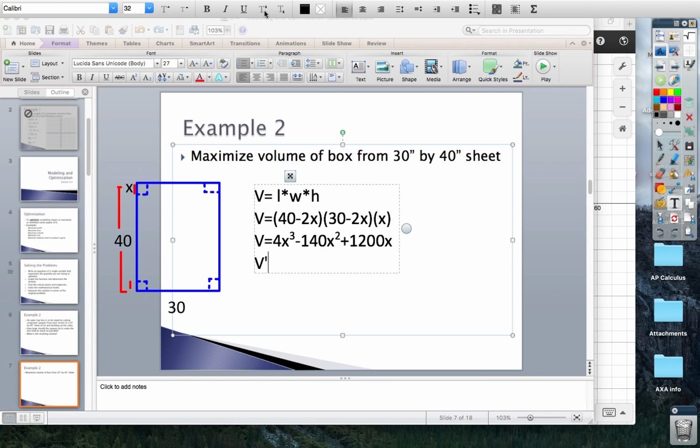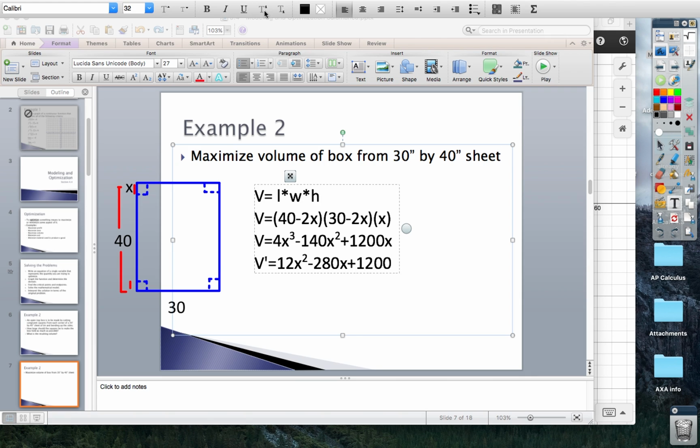Now, the next thing we're going to do is find the derivative of it. So we find the derivative, and we're left with 12x squared minus 280x plus 1200. And then from there, we're going to go ahead and factor this out.